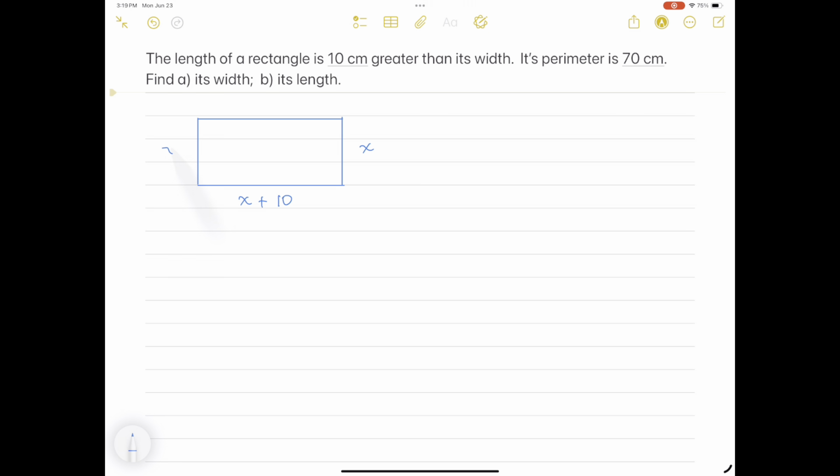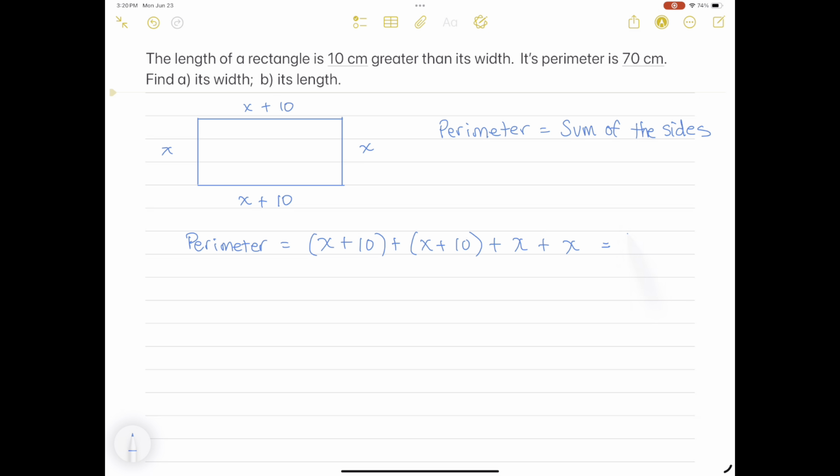The perimeter is given as 70 centimeters, and the perimeter of a figure is the sum of its sides. So I just need to add up all the sides and make them equal to 70 centimeters. So I write the equation as perimeter equals x plus 10 plus x plus 10 plus x plus x equals 70 centimeters.